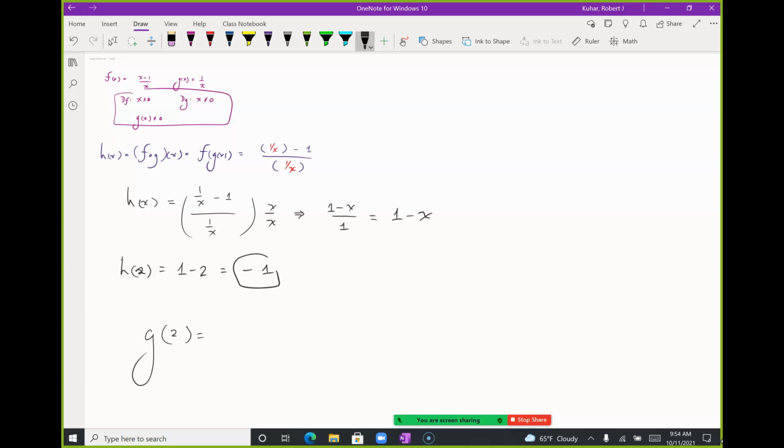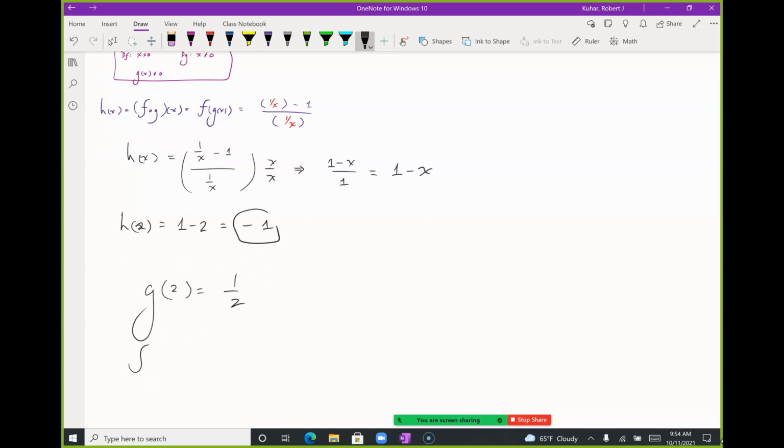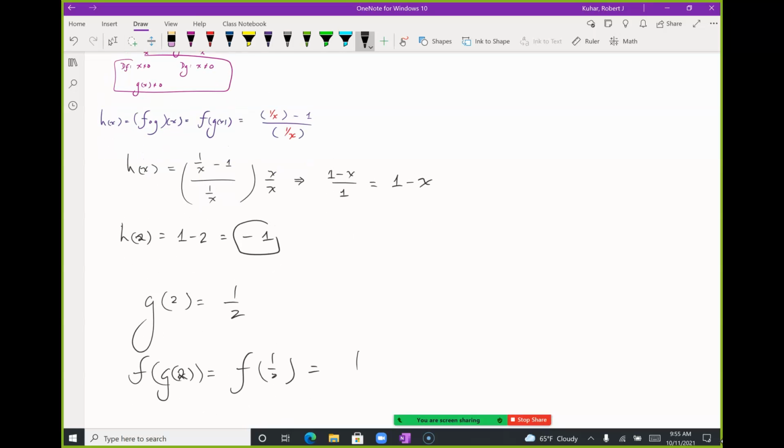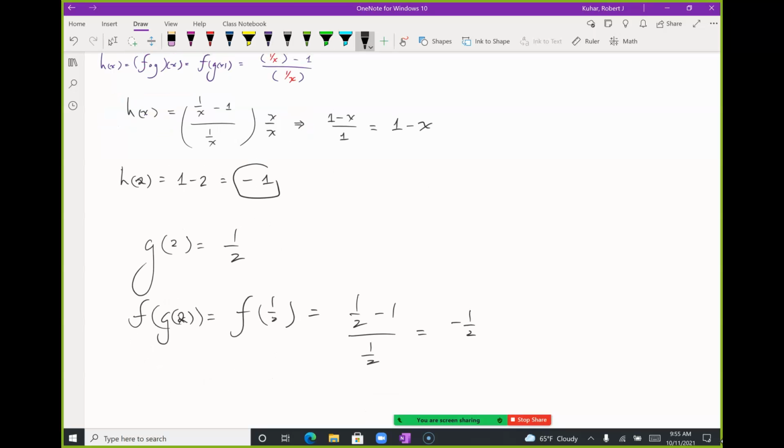What's g of 2? 1/2, right? Let's find f of g of 2, which is f of 1/2, which is 1/2 minus 1 over 1/2. So that's minus 1/2 over 1/2, which is minus 1. And we get the same result.